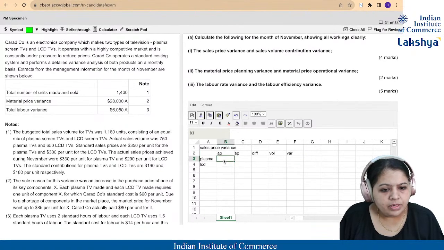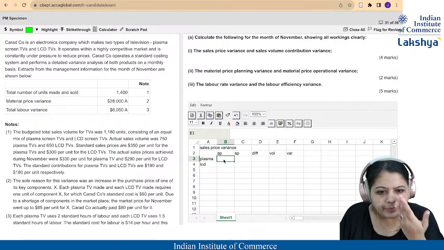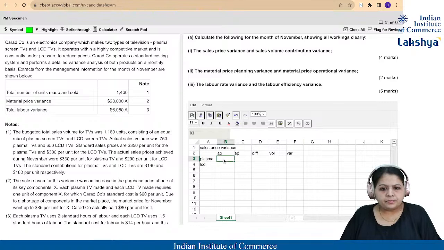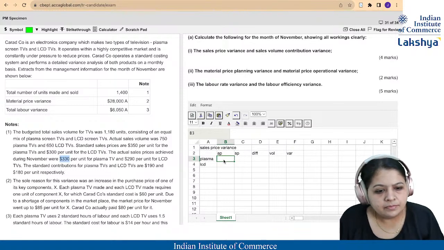Now the plasma's actual price, the price at which it has been sold, is 330, so I'm going to write that. LCD is 290.